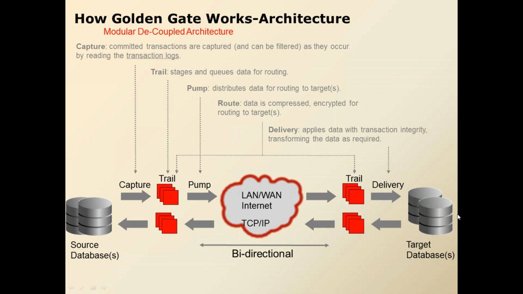Your source schema name could be different, target schema name could be different. Source table name could be different, target table name could be different. Source column names in the tables could be different, target column names could be different. Structure of table on source could be different, target table structure could be different.